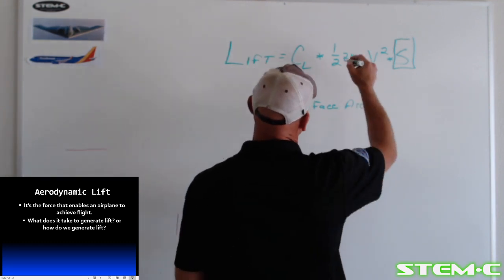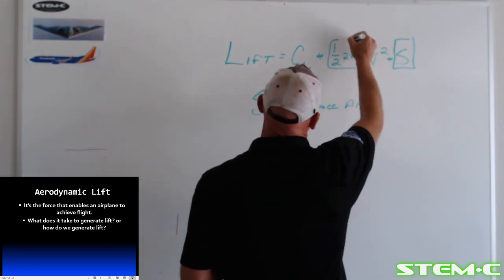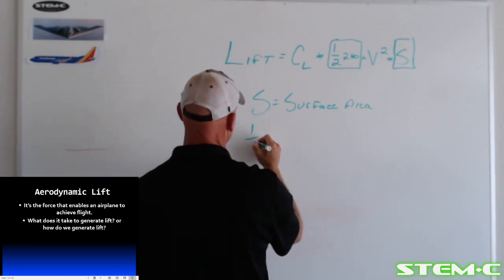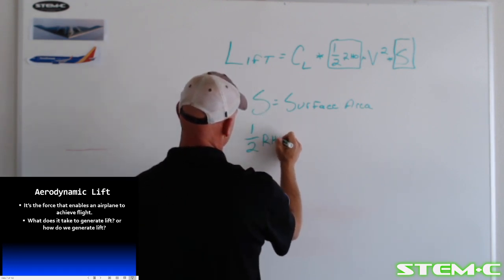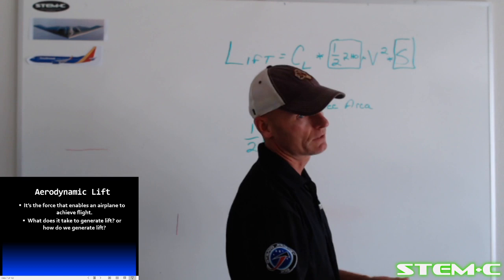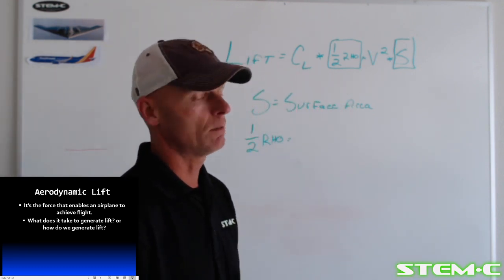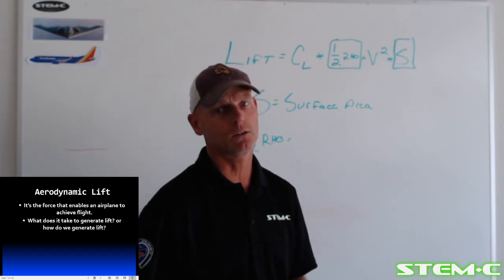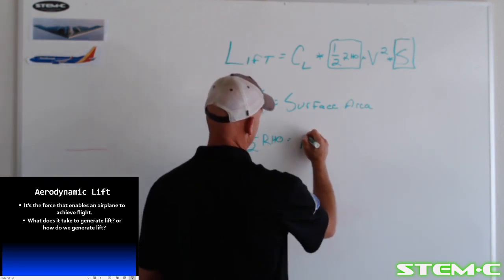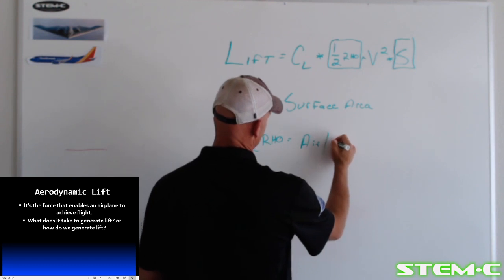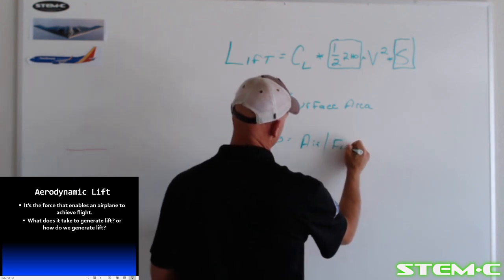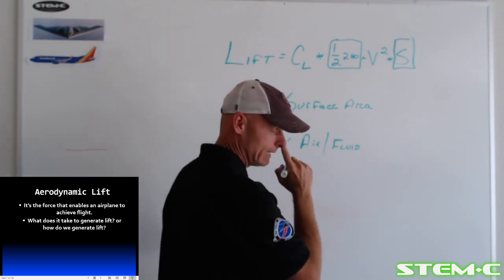Second thing we need is this right here, 1/2 rho. You say, what the heck is that, Mr. Kelp? 1/2 rho is simply we need a medium, a fluid, for that vehicle to interact with. So we need air, or we need a fluid, as we would call it in fluid mechanics.